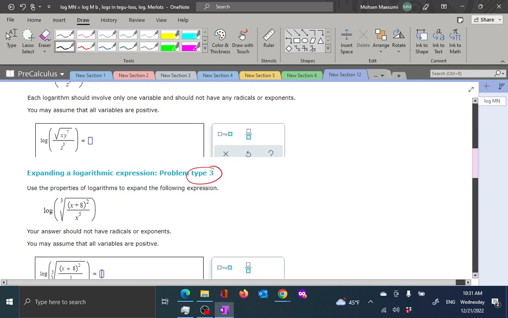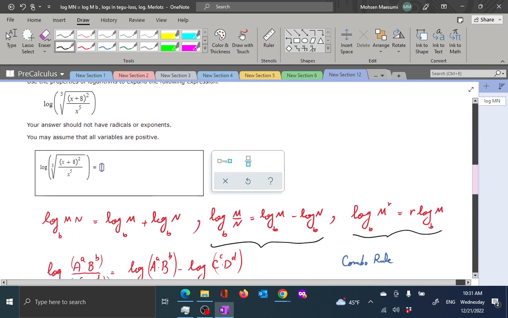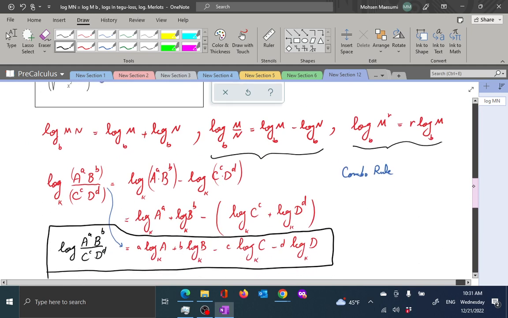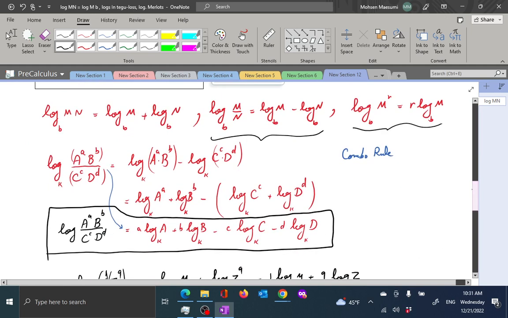Type 1, type 2, and type 3, just a small complication. We are applying the rules of logarithm in order. We created a combo rule for the simple cases: exponents come in front, items in the numerator are added, items in the denominator are subtracted, and we can quickly do this problem.